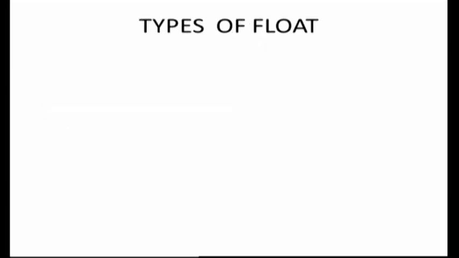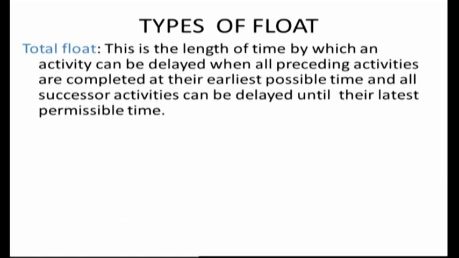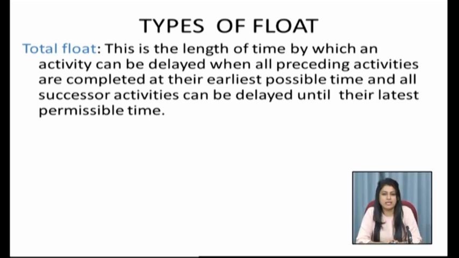Friends, we have different types of float, different types of slack, which are mainly the independent float, the free float, and the total float. Let us have a look at each type of float and try to understand it. The first float, which is the total float, is the length of time by which an activity can be delayed when all preceding activities are completed at the earliest possible time and all successor activities can be delayed until their latest permissible time.